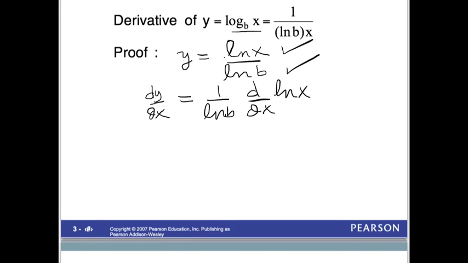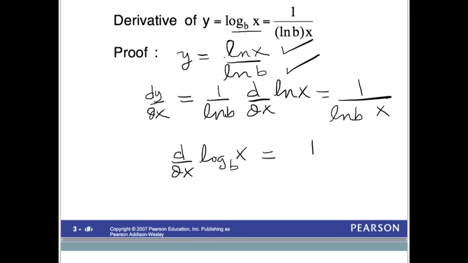Well, d dx of ln of x is 1 over x, so the result is 1 over ln of b times x. So, very important result is that d dx of log of x to the base b is equal to 1 over ln of b times x.